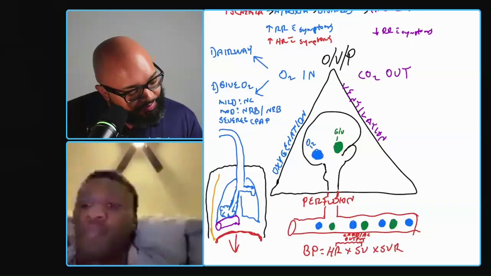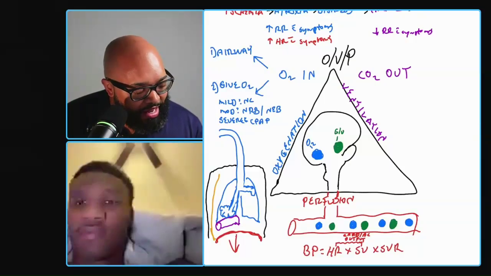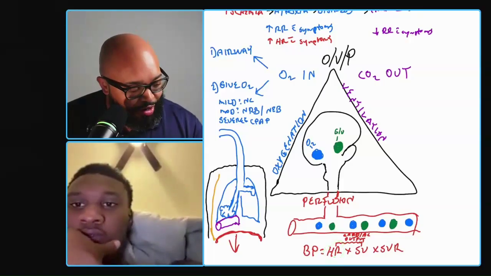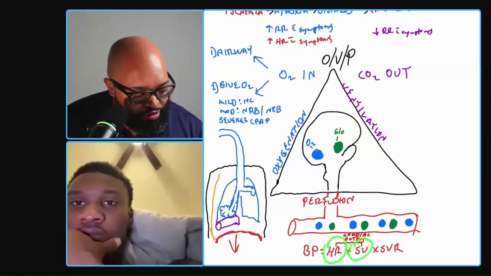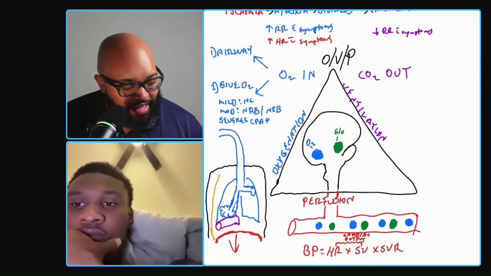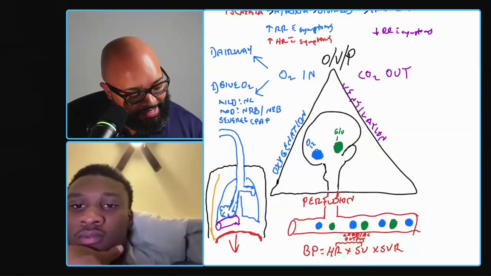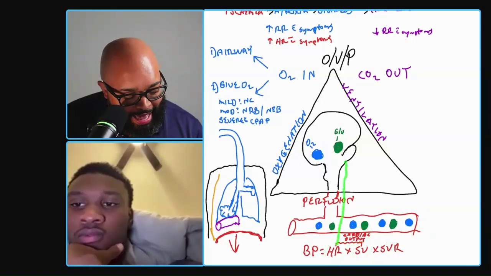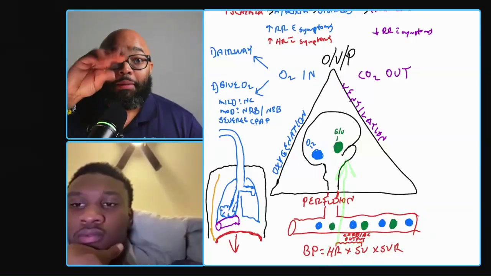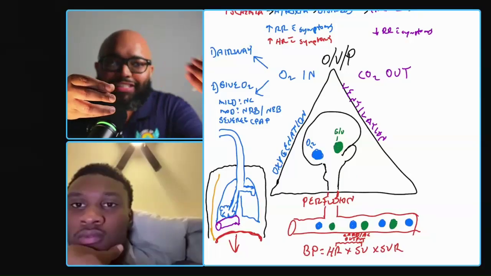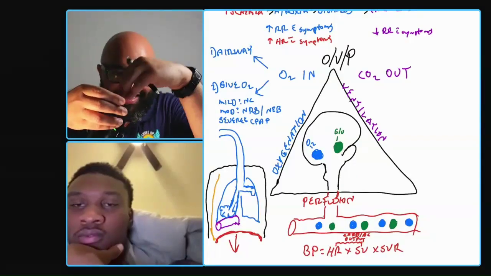All right. So Jalen, when this heart rate continues to go up, because the blood pressure equation, or the perfusion equation, is heart rate times stroke volume times resistance, and heart rate times stroke volume is cardiac output. As this heart rate continues to climb, it pumps faster, but it doesn't have enough time to fill.